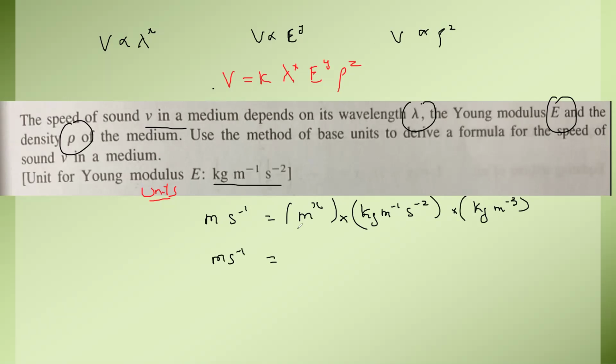So here meter is x, here meter is minus 1, and here meter is minus 3. But there is also a power: this is raised to power x, this is raised to power y, and this is raised to power z. So this is m raised to power x. This will be kilogram raised to power y, meter raised to power minus y, second raised to power minus 2y.